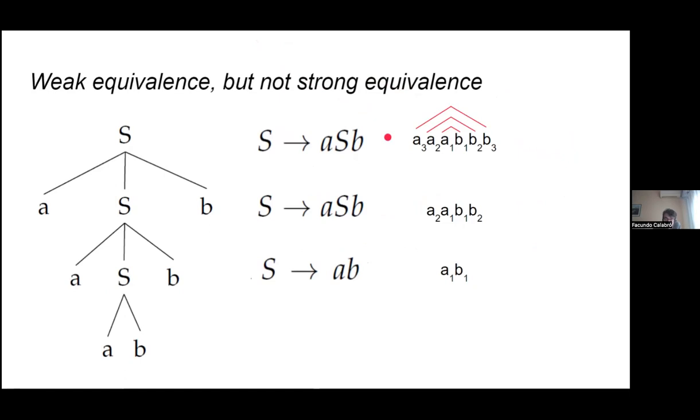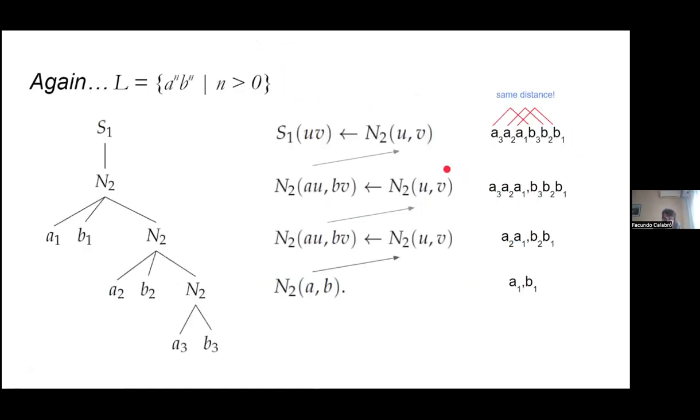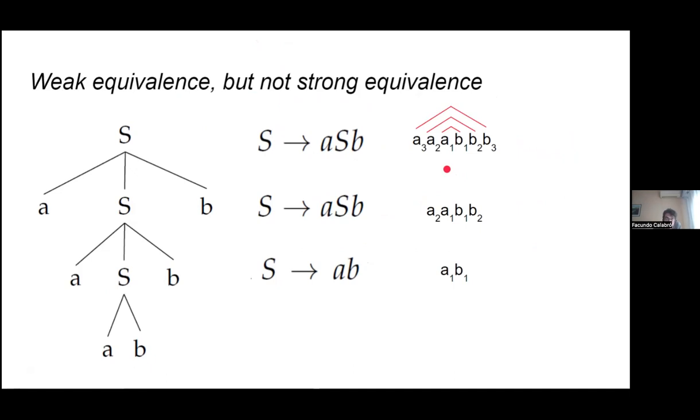So now we have a weak equivalence, but not a strong equivalence, because what we see here would have been impossible with the CFG rules defined before, and actually with any CFG, because in this case, the string that is being formed is a unique compound.